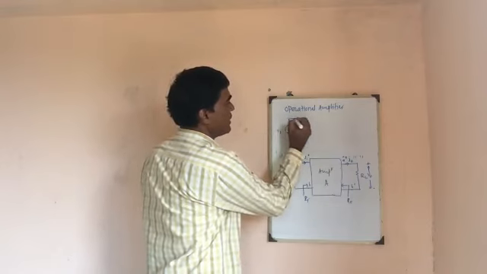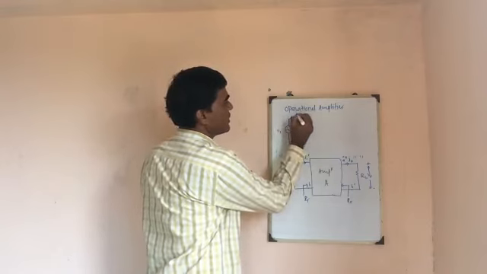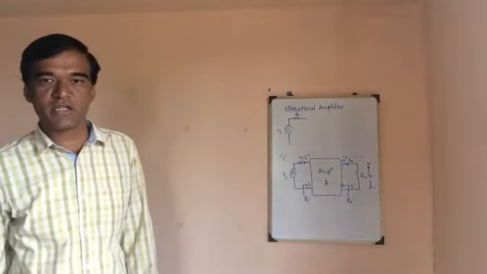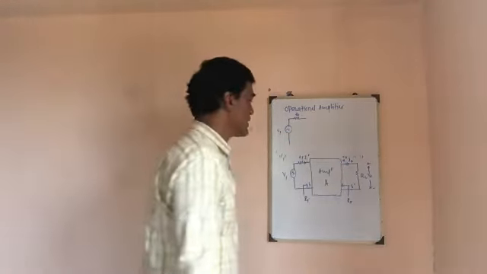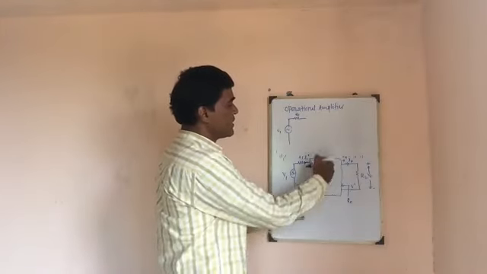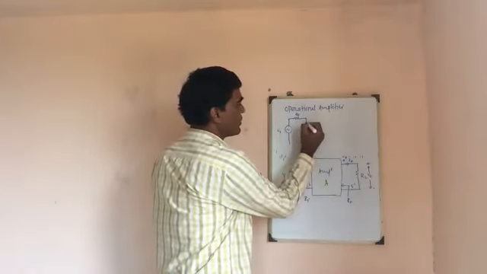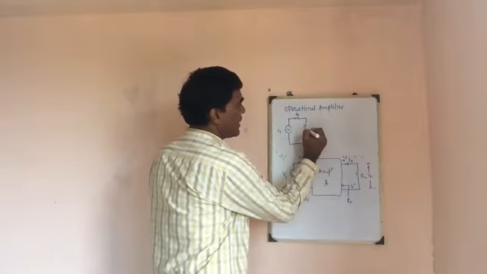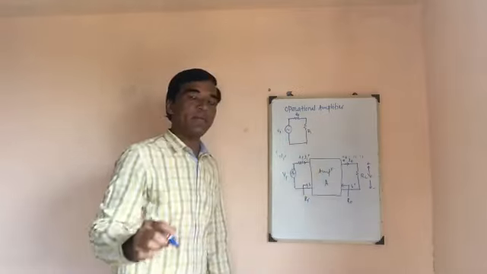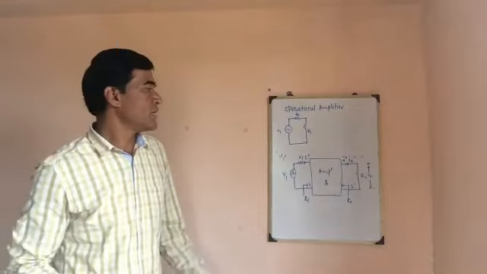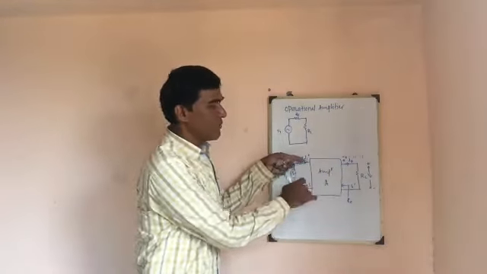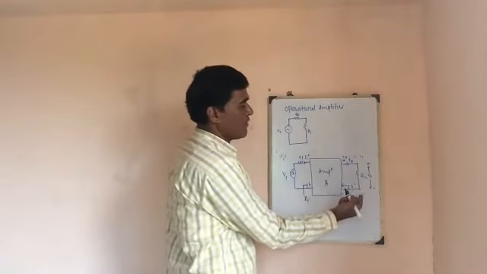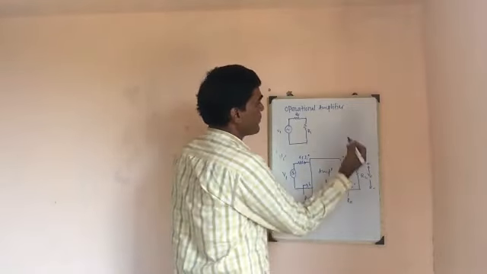Then I can model this amplifier as follows. The input which is applied, V1, is in series with a resistance Rs. Here Rs is a current limiting resistance which is in series with the input voltage. Then I replace this amplifier circuit by Ri, which is basically a Thevenin's equivalent resistance between the terminals A and B. Similarly, I can model the output side.